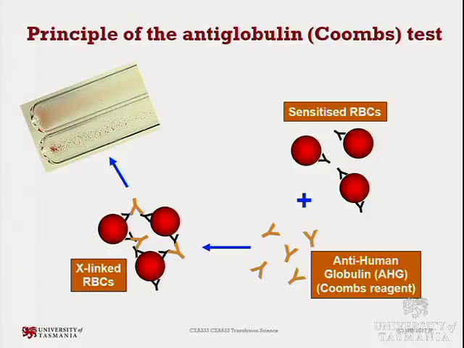Their immune systems react and produce anti-human antibodies, which is what Coombs reagent is, anti-human globulin. And so we mix the Coombs reagent with the sensitised erythrocytes, and the antibodies in the anti-human globulin bind to the antibodies that are bound to the red cells, and they are able to bridge the gaps then and cause the red cells to agglutinate. And so we see that as positive agglutination in a test tube. Okay? Everyone happy with that?